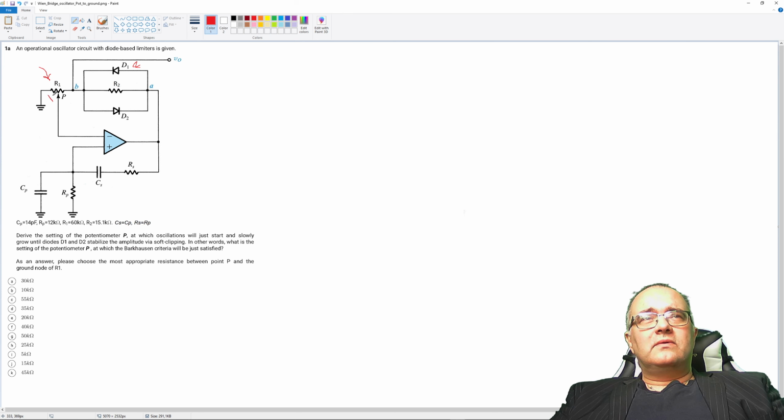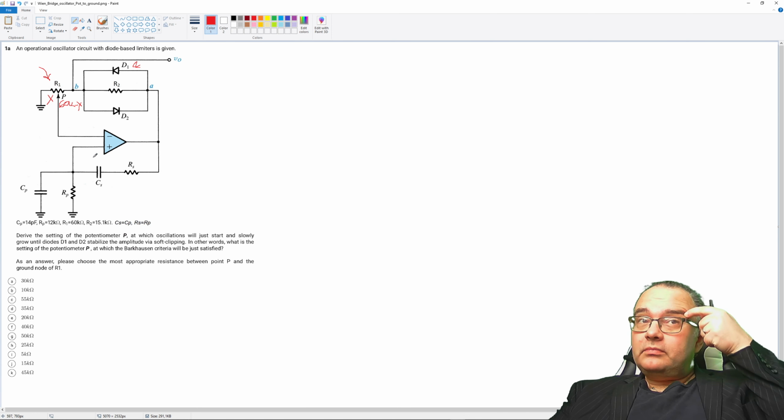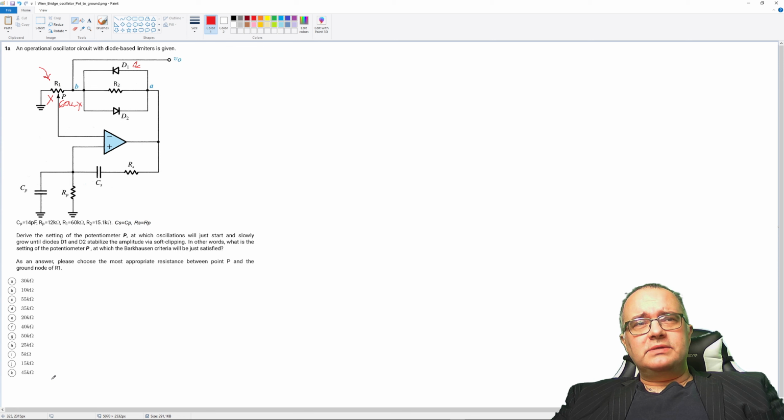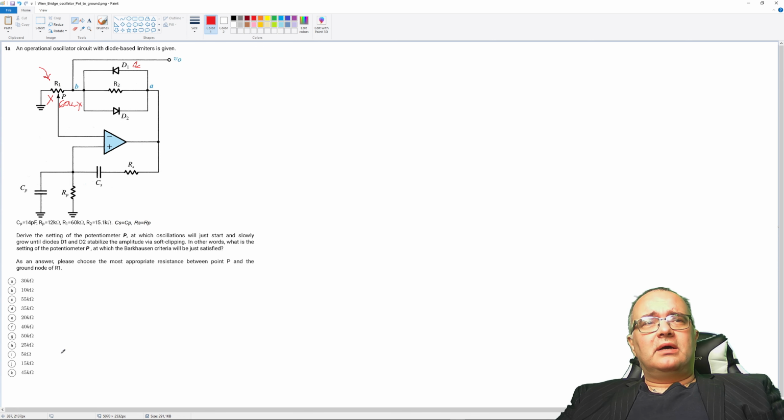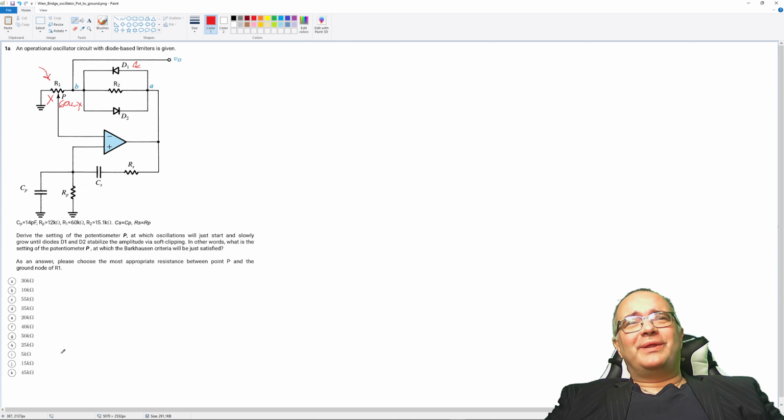So this resistance, this portion of R1 should be given. Since R1 is given to be 60K, I can write that the other portion is simply 60K minus X. All right, here are the answers, and we have to select the correct one.